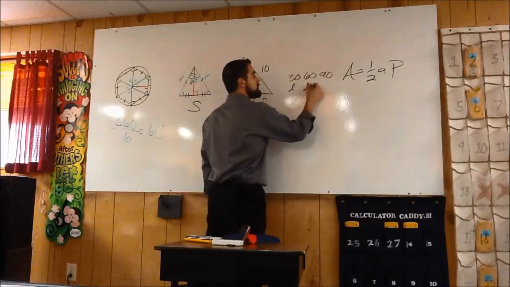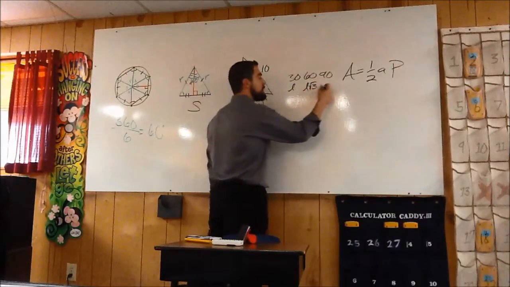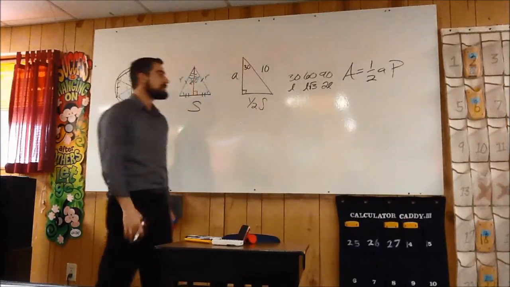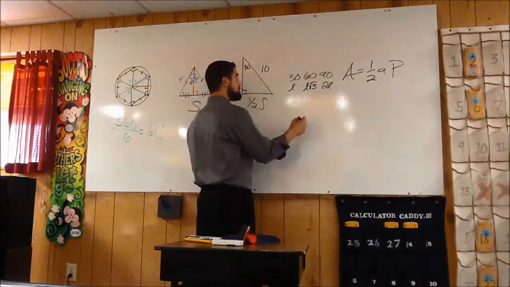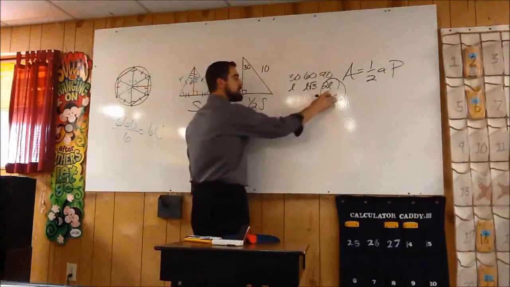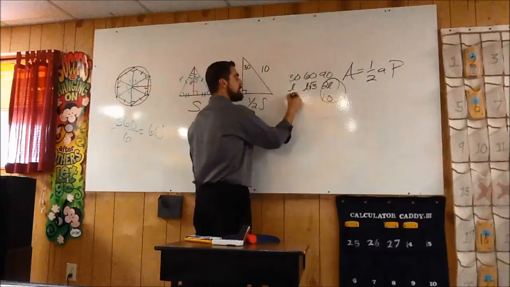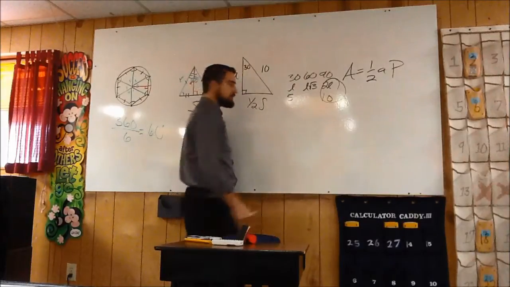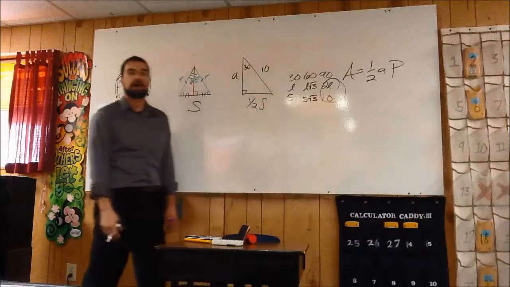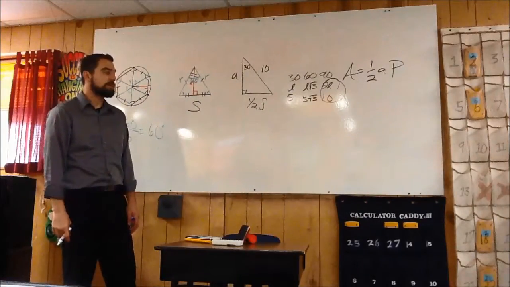This is the length of the short leg, the length of the short leg times the square root of 3, and the length of the short leg times 2. Well, my hypotenuse was 10. That was given to me. So divide by 2 to find the length of my short leg. I get 5. Then multiply that by the square root of 3 to get my long leg, the side opposite the 60-degree angle.